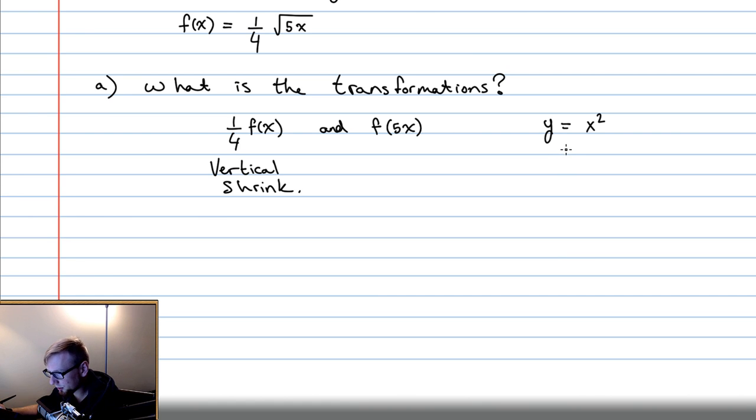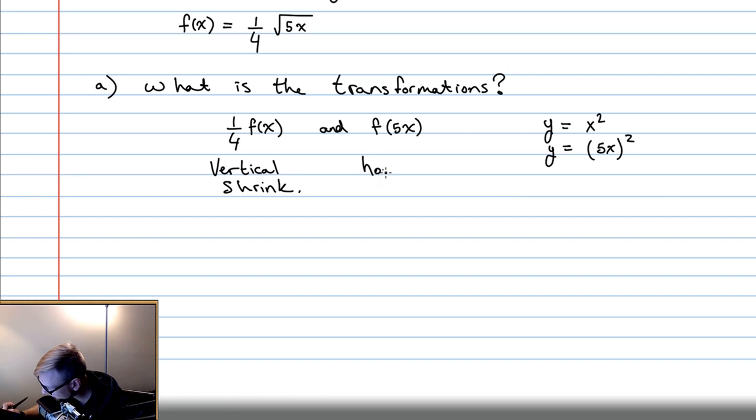If we plug in 5x for x in x squared, you get a little bit of a change. This would be increasing the value that you plugged in, and it would be increasing it by quite a bit. So it looks like it would be a horizontal stretch.